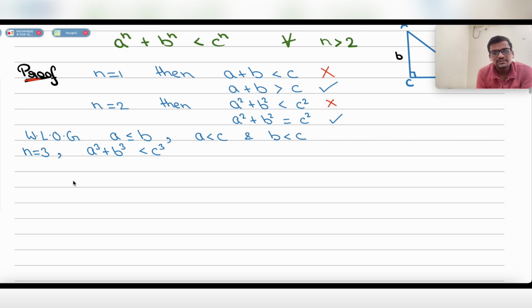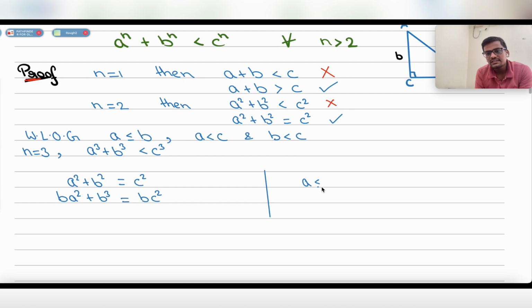Now to prove this, I will use the Pythagoras theorem, that is a square plus b square is equal to c square, right? Now if I multiply by b on both sides, then we will get b a square plus b cube is equal to b c square.